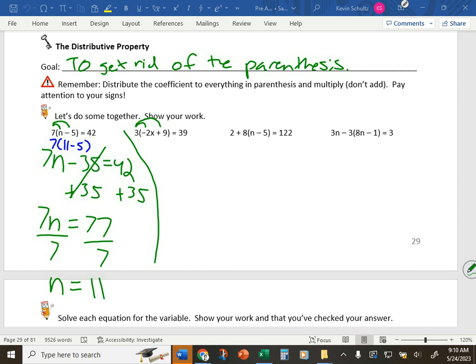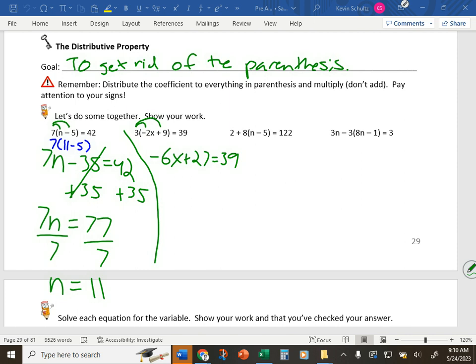Negative 6x plus 27 equals 39. Fantastic. Negative 6x plus 27 equals 39 is a 2-step equation that you should have, right? 3 times negative 2x, negative 6x. 3 times 9, 27. If you put 12 here, then you added 3 and 9, so remember, you were multiplying here, okay? But now, just like all the other ones, it's a 2-step equation.